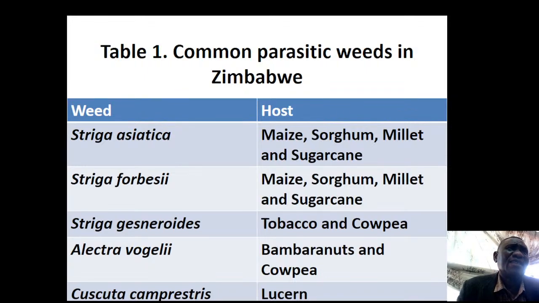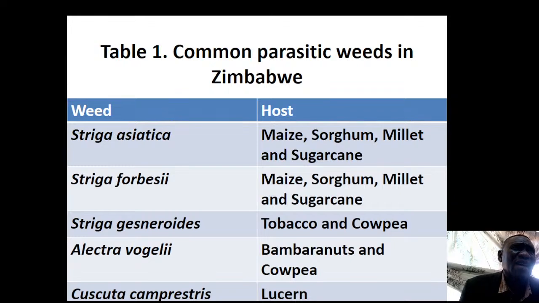Another one is Striga forbesii, which, as I said, can be found around the Kadoma area and some parts of Kwekwe. Probably it could be found in other areas, but on heavy soils, where it can attack maize, sorghum, millet, and sugarcane.